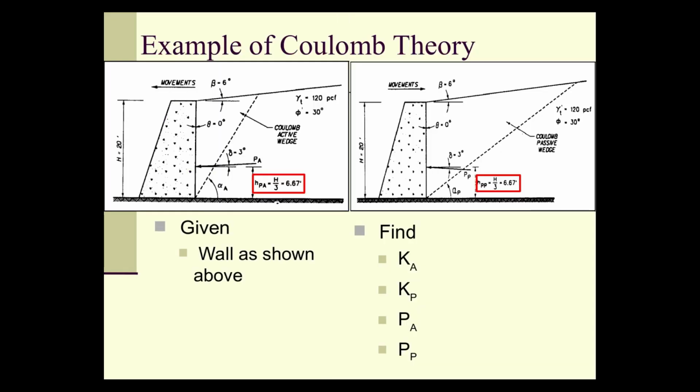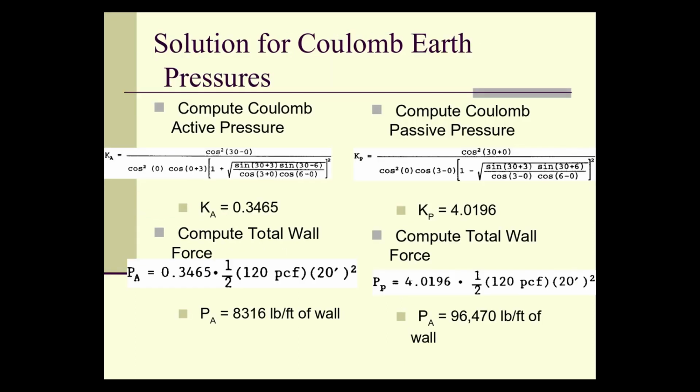All right, let's take an example of Coulomb theory. Given a wall as shown above, find the Ka and Kp and Pa and Pp, the forces on the wall, whether it's an active or passive case. You've got one of each. So first, you compute the Coulomb active earth pressure coefficient.